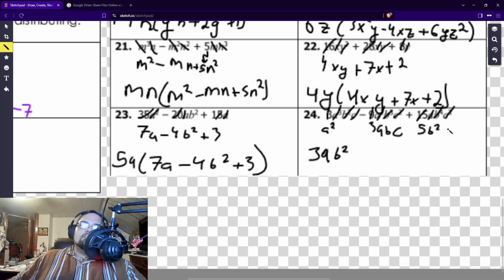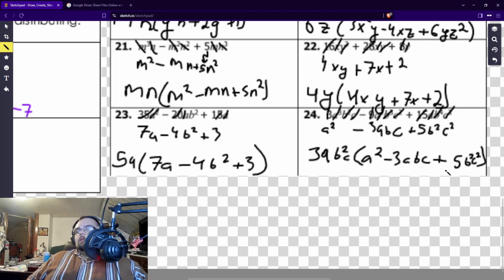So your left is a c, and your left is a c squared. There we see it.